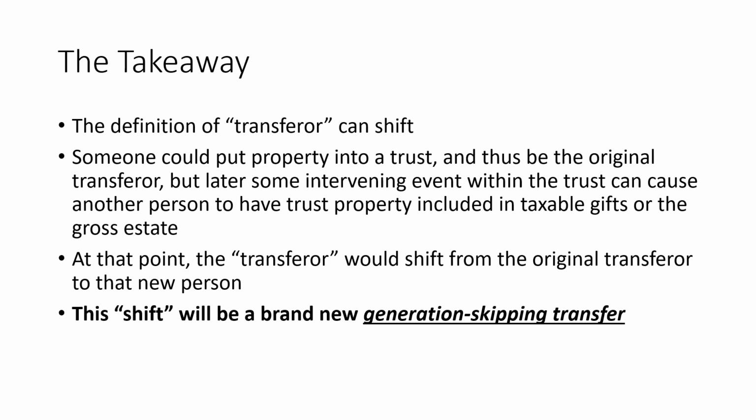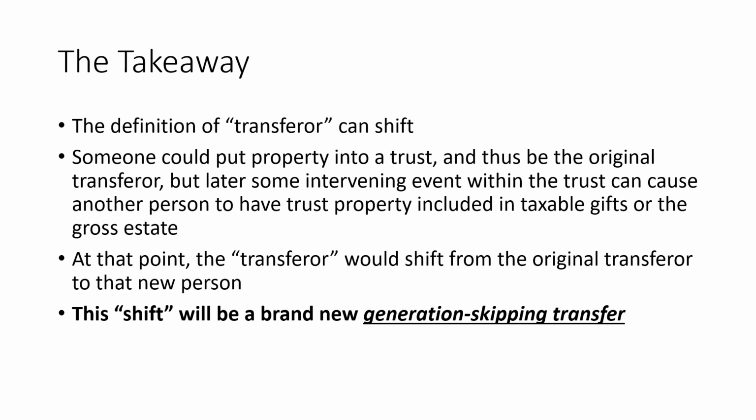So the big takeaway here is that the definition of transferor can shift, and that really somebody could put property into a trust and be the original transferor, but later this intervening tax event within the trust can cause another person to thus have the trust property included in their taxable gifts or gross estate, creating a new transferor and shifting that definition and that identity from the original transferor to the trust to this new person.